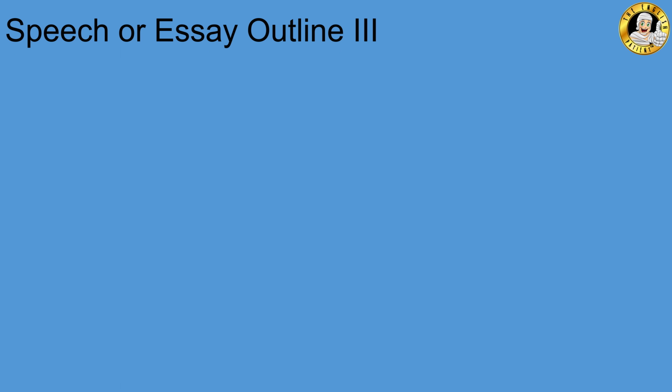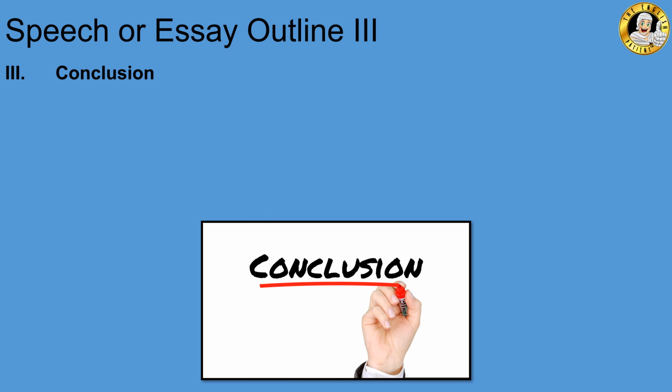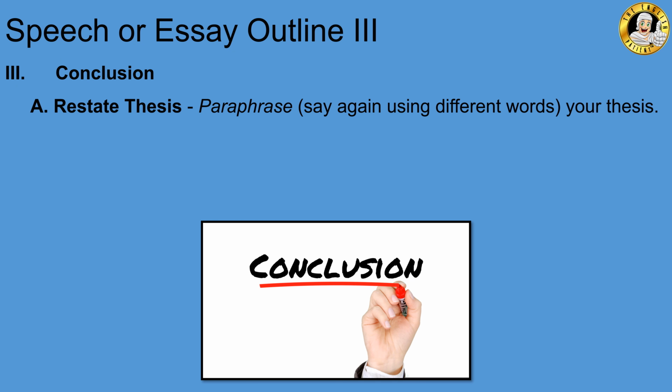Now you would have, depending on the length of your speech or the length of your essay, several of these body sections, several of these body paragraphs or body sections in a speech, and this would end with one section, the final conclusion at the end. Now in your conclusion, you want to do a lot of paraphrasing. Once again, paraphrasing is saying something again using different words.